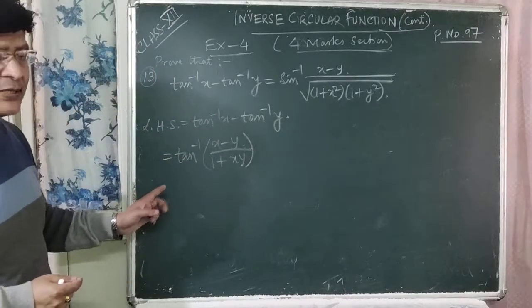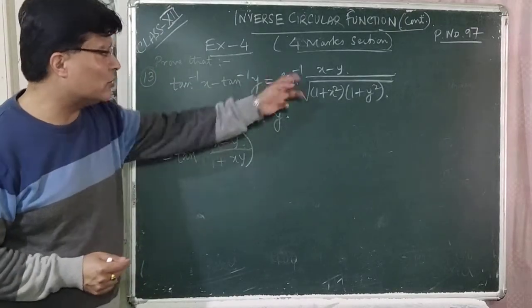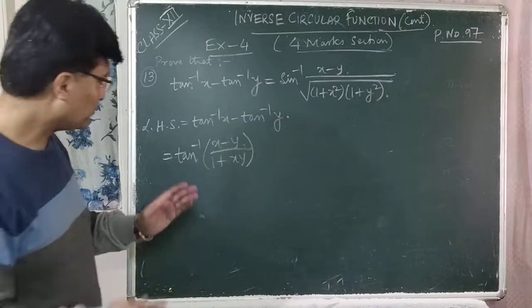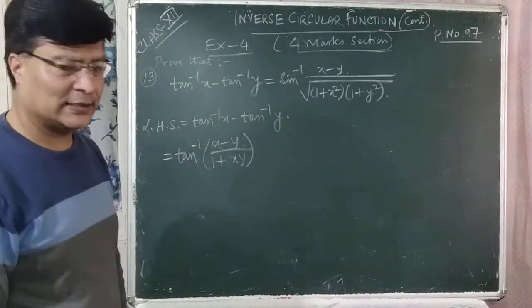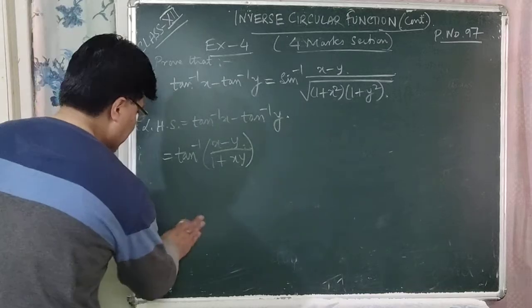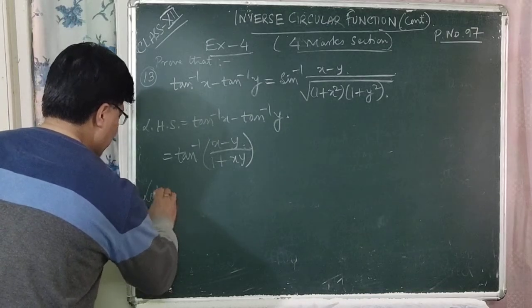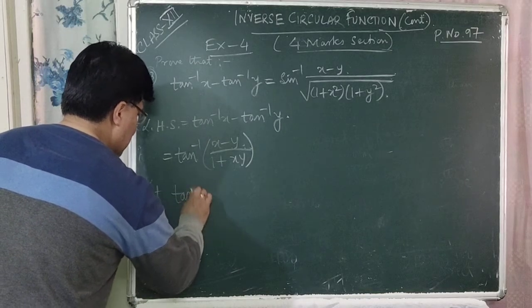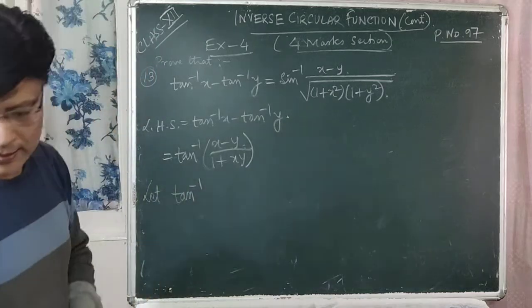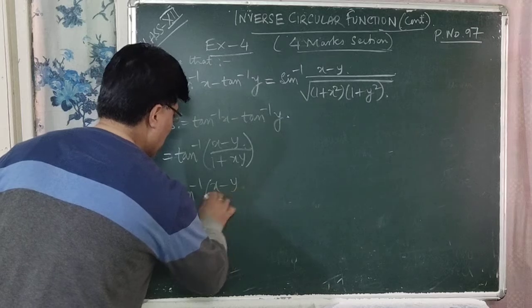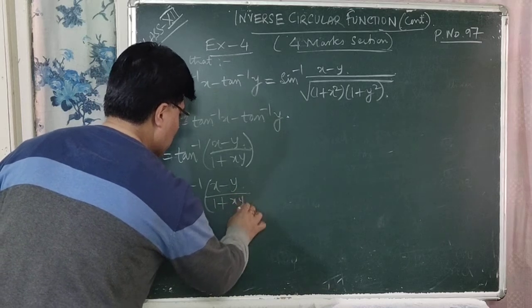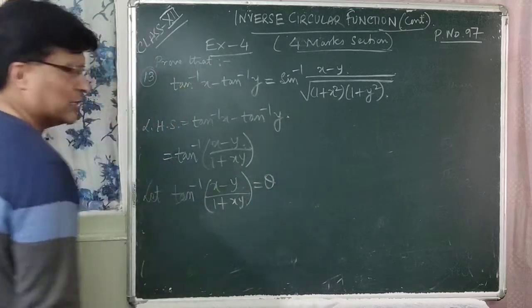But in this case, you have to convert this tan inverse into sine inverse, right? So let us assume this inverse circular function as theta, right? So let us write, let tan inverse of x minus y upon 1 plus xy is equal to theta.